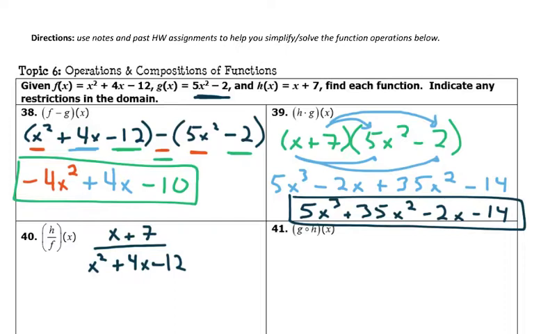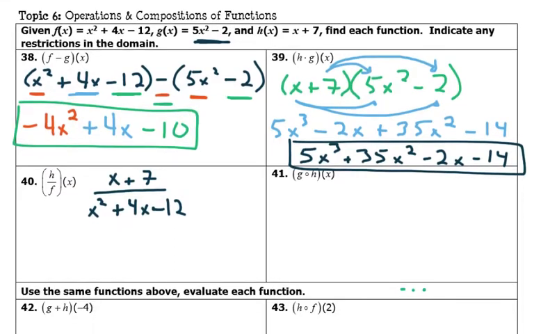What are two factors of negative 12 that add up to give us 4? That would be 6 and negative 2. 6 times negative 2 gives us negative 12. When we add those up, we get a positive 4.